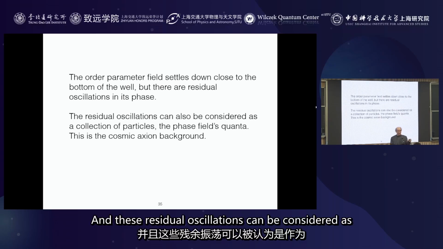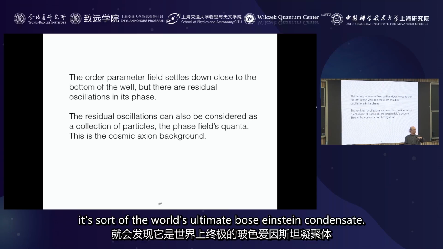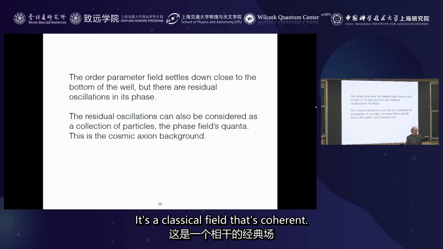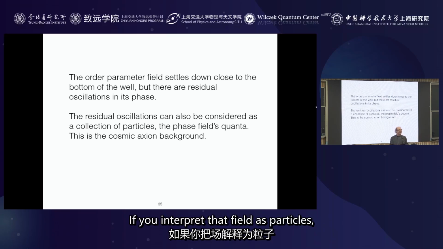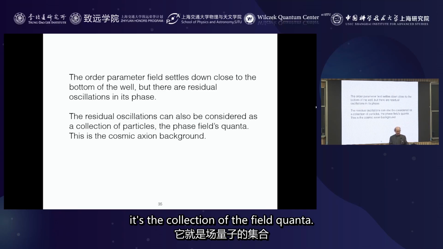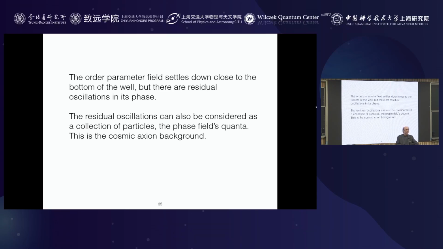These residual oscillations can be considered as a collection of particles. In fact, if you look at the details, it's the world's ultimate Bose-Einstein condensate. It's a classical field that's coherent, that oscillates. And if you interpret that field as particles, it's the collection of the field quanta that's the cosmic axion background.